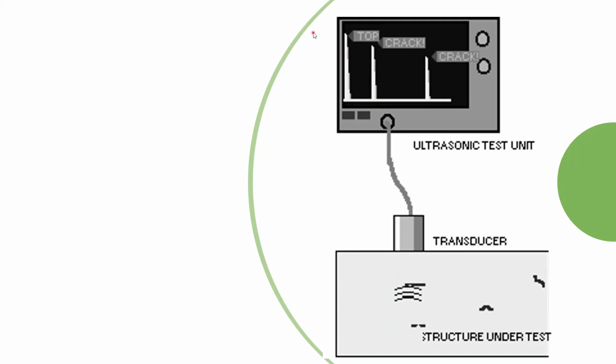For example, if I want to locate the position of the first crack, this distance is x and the speed of the wave is v. So what is the distance traveled? Speed is distance divided by time. Speed is v and the distance traveled will be 2x. Why 2x? Because the wave goes towards the crack and then bounces back. And t is the time interval. How will I know the time interval?